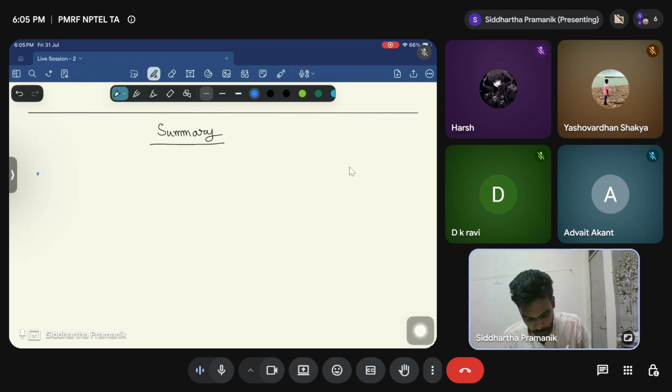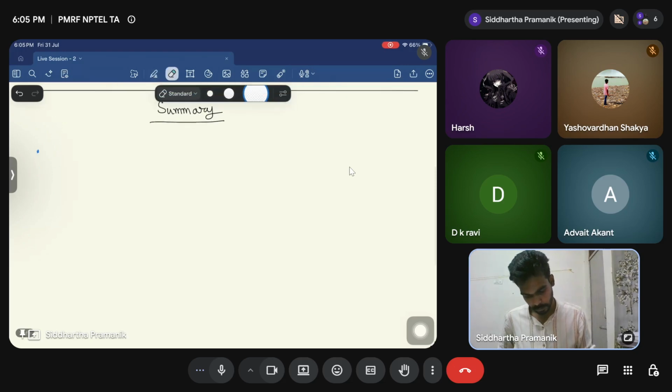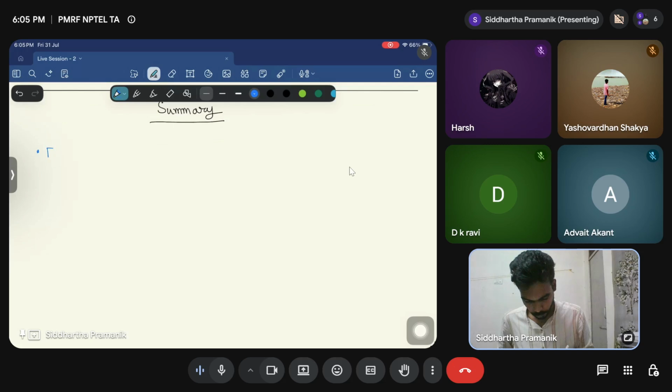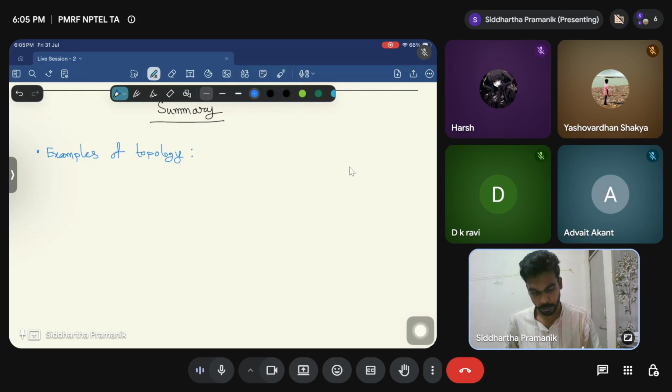And in the second week we looked at various examples of topologies, like the cofinite topology, co-countable topology, particular point topology, excluded point topology, those things. And particularly we have defined two topologies on the set of all natural numbers.